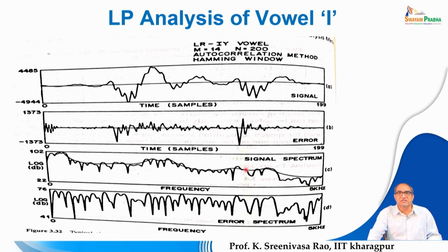So from this it is very clear that the LP spectrum is smoother, because it captures the characteristics of the vocal tract system.